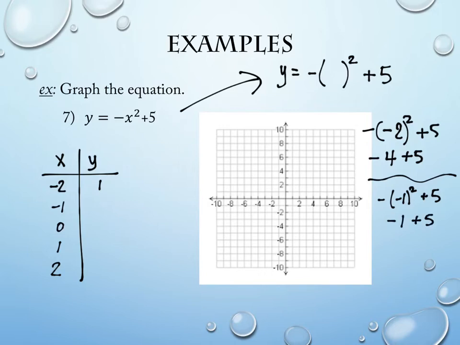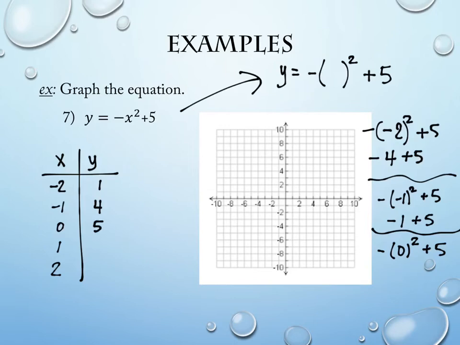What is -1 plus 5? 4. 0 is lovely. 0 is always a good thing to pick when you have that option. 0 squared is 0. The opposite of 0 is 0, and 0 plus 5 is 5.